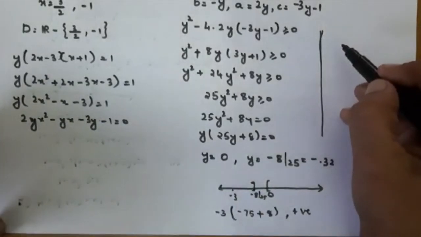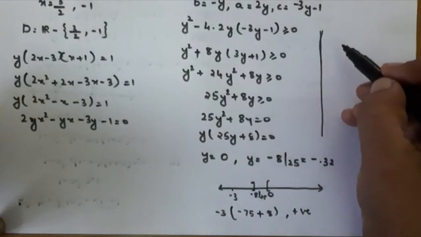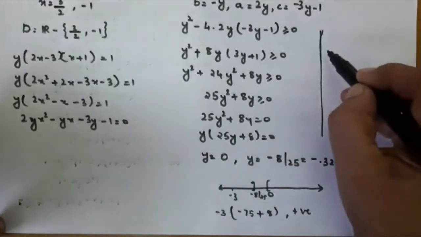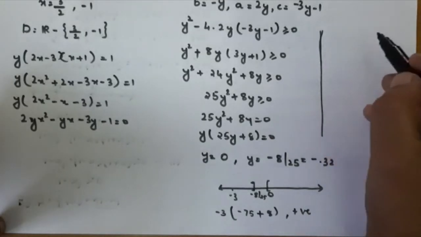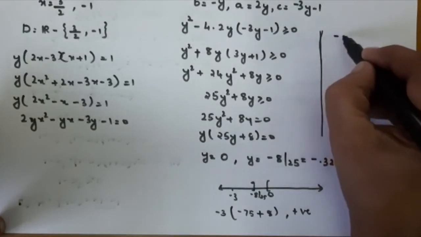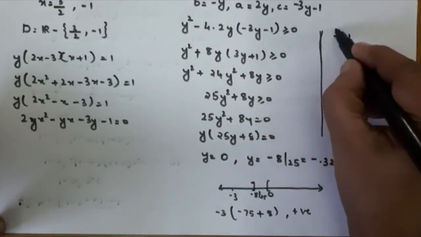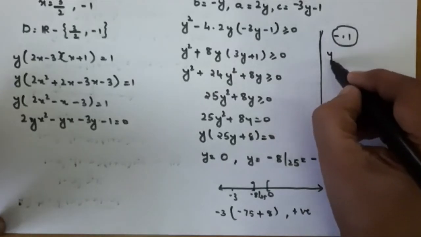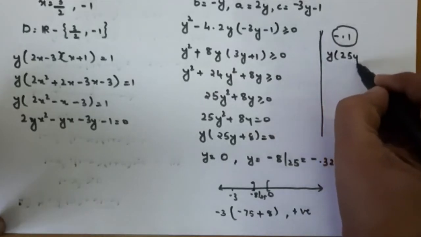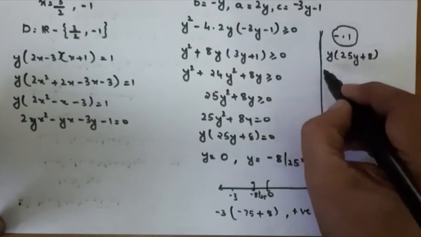Now you take a value from the second part. Second part is from minus 8 by 25 to 0. That means minus 0.32 to 0. You take a value in between minus 0.32 and 0. Let it be minus 0.1. Giving this value for y in the expression y into 25y plus 8, what will you get?